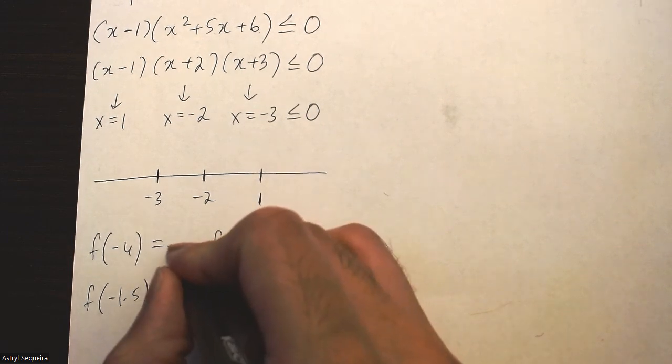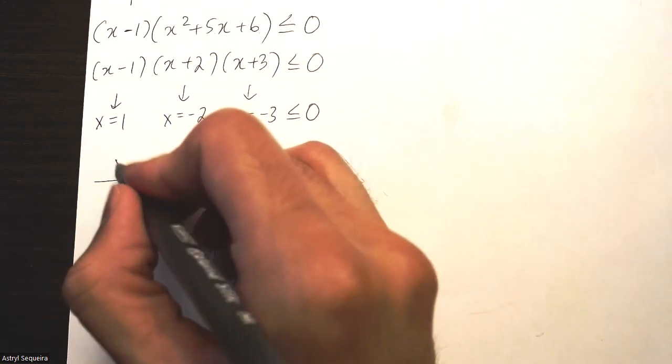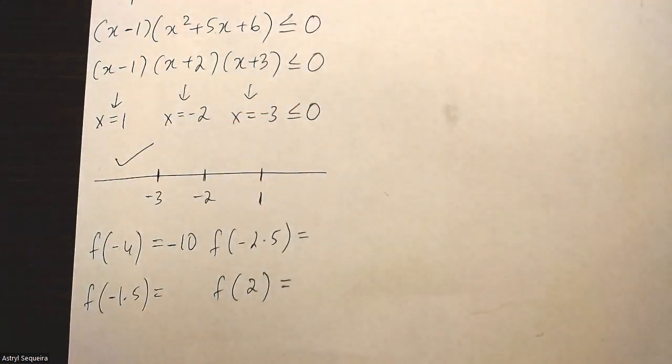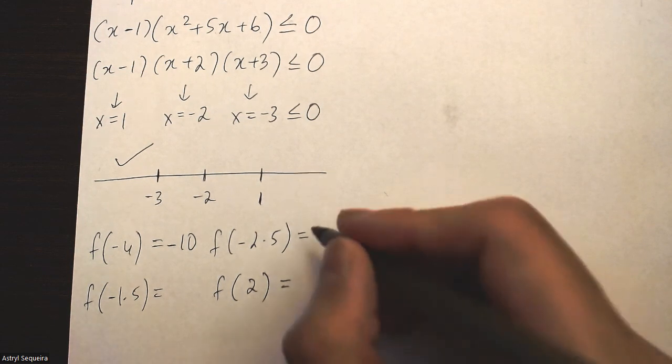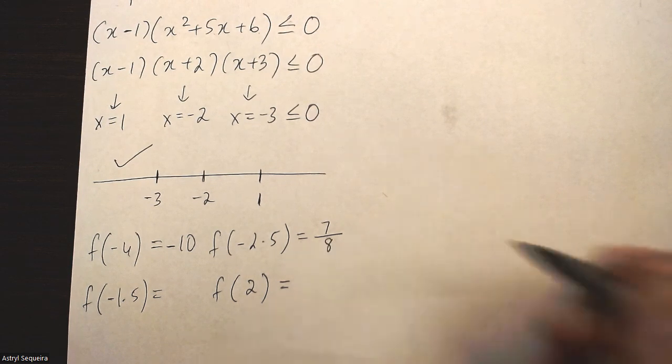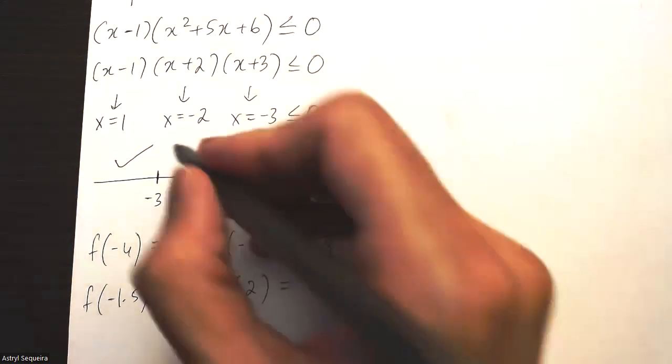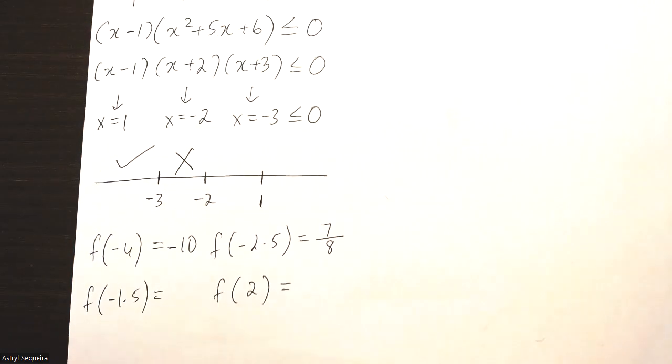And I get negative 10. Negative 10 is less than or equal to 0, so that's good. Then I will test negative 2.5 next. And I get 7 over 8 or whatever it is as a decimal, which is greater than 0, so this is not good.